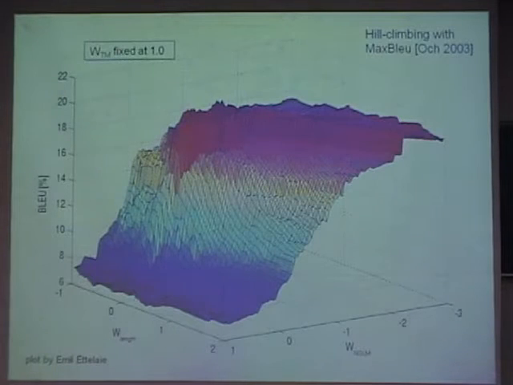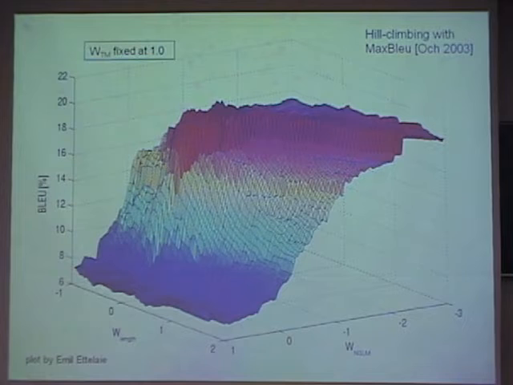So here's an example of the space. Here the translation model conditional probability of the phrase pairs has been fixed at 1. And here we're able to modify the weight we assign to the n-gram language model and the weight we assign to the length of the output. And you can see, as we manipulate these 2 weights with that one fixed at 1.0, the translation quality, which is here on this vertical axis, varies a lot.